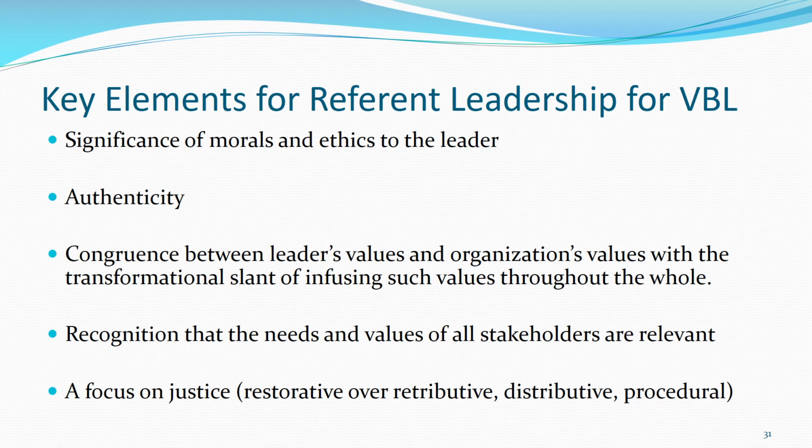Everybody is entitled to bear some of the brunt of the hardships. Not one group is going to get all the difficult situations while another group is spared of those difficult situations. And of course, procedural justice. There are procedures in place that are impartial and fair to ensure the benefits and difficulties that we just talked about from the distributive justice perspective.